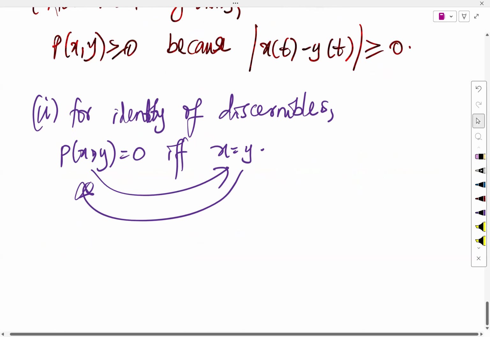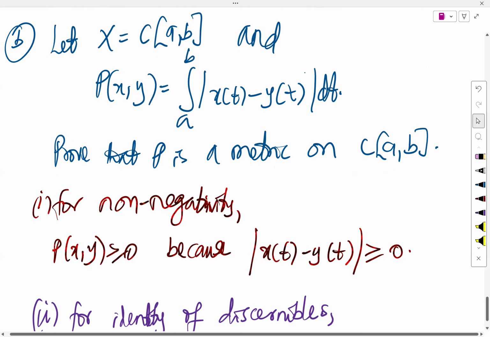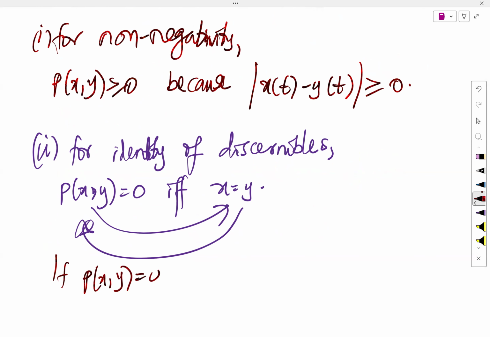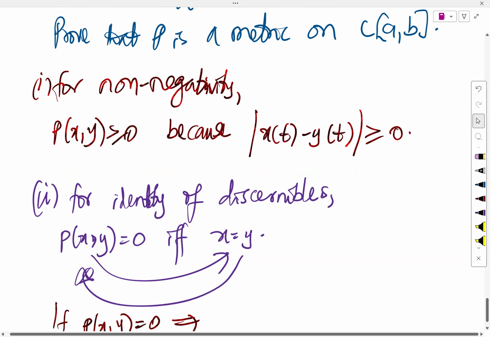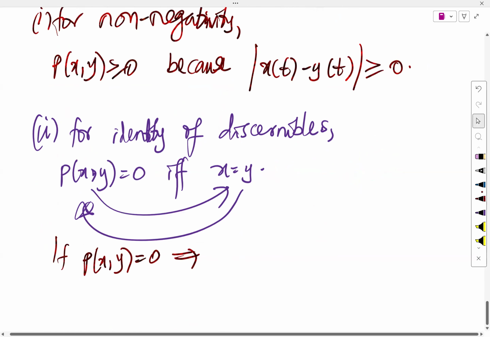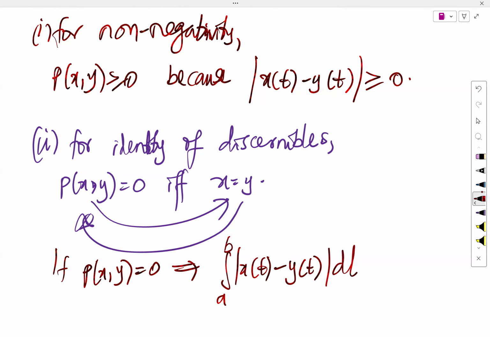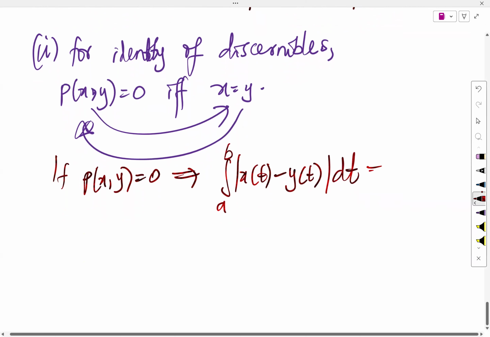So if you start from the other side, if P of xy is equal to 0, what that simply means is that the expression, the integral from a to b of the absolute value of x(t) minus y(t) dt, is 0.